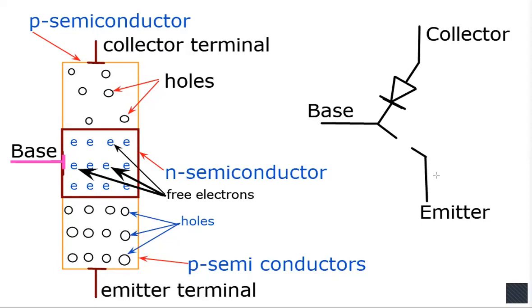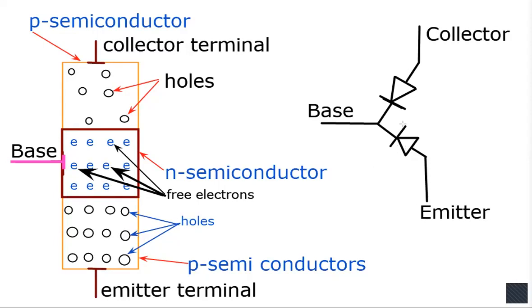Emitter to base, P to N. Emitter is P, base is N. So the arrowhead of the diode between base and emitter should be directed from emitter to base. Okay, dear.